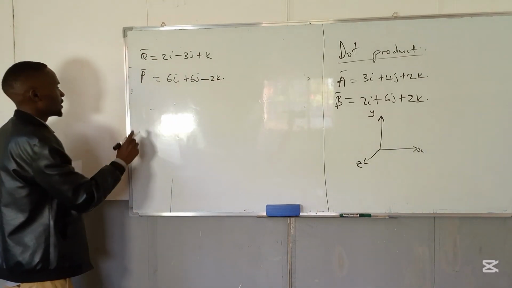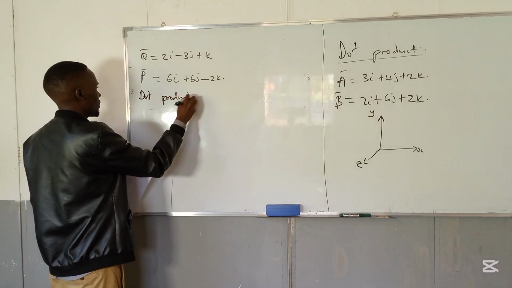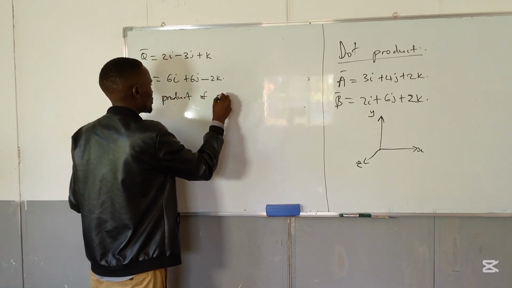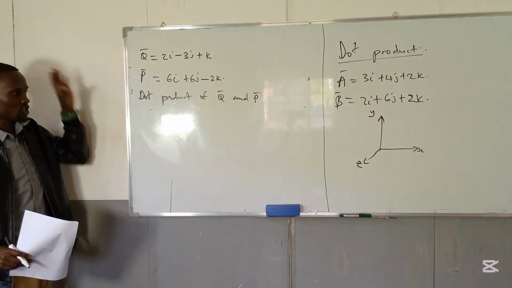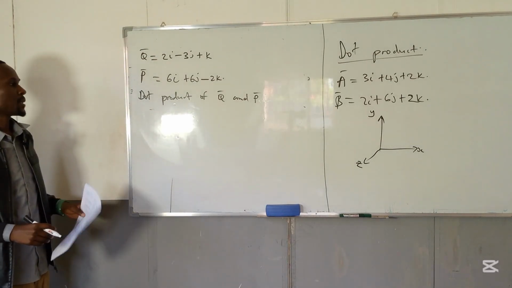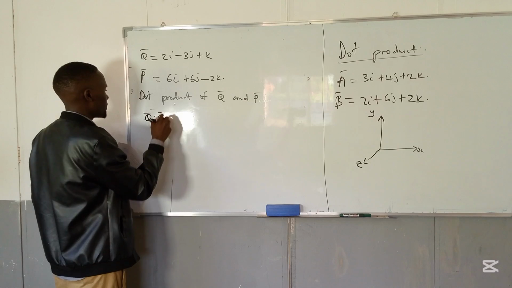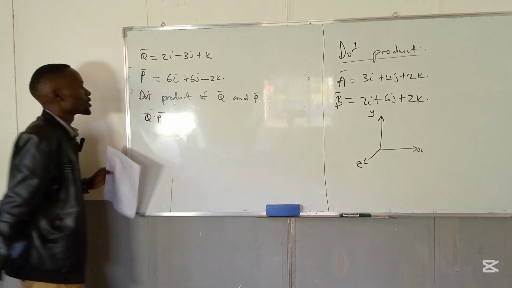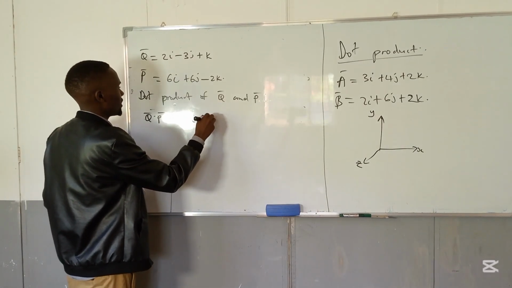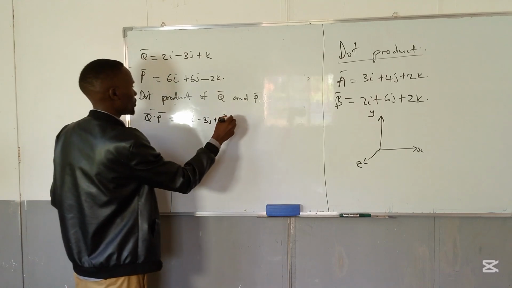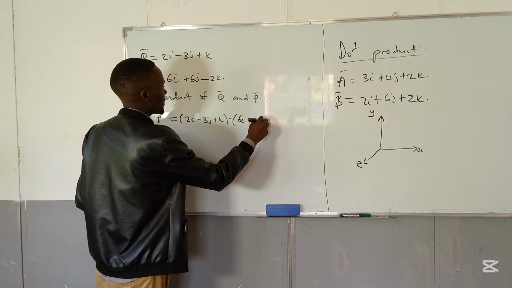We want the dot product of vector Q and vector P. That means it is the same as Q dot P, which equals, we'll be having 2i minus 3j plus k dot 6i plus 6j minus 2k.